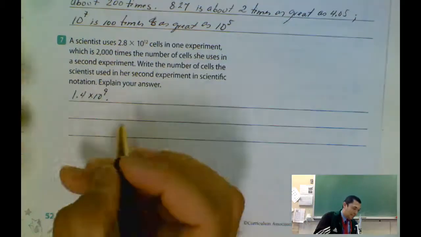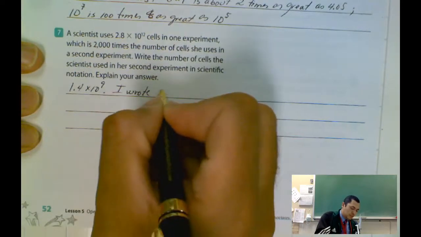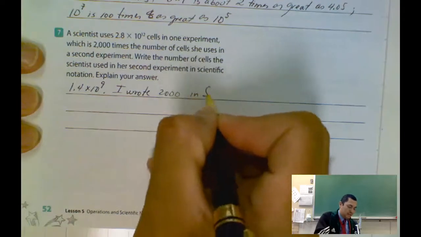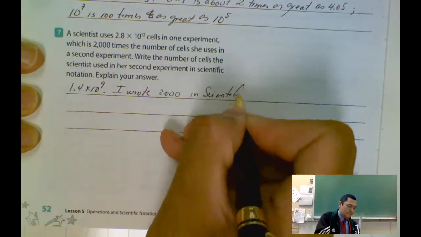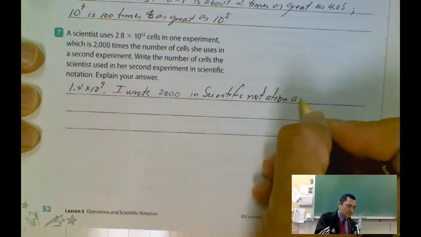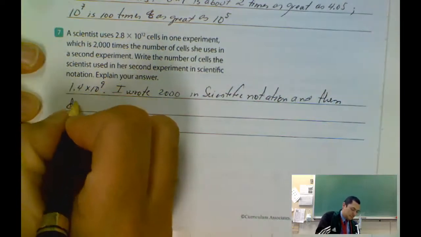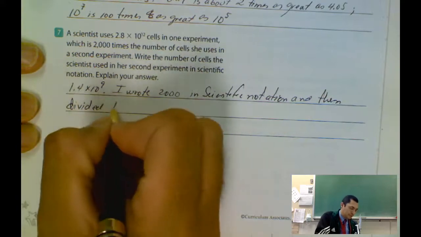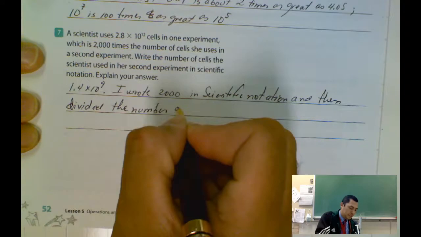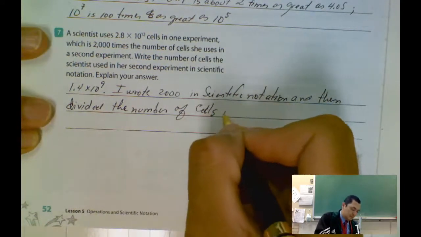So in this case, I wrote 2,000 in scientific notation. And then divided the number of cells in the first experiment.